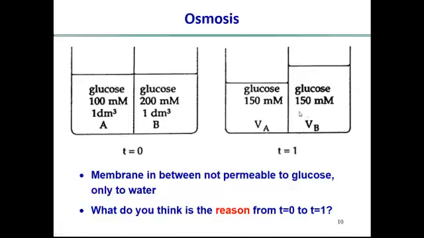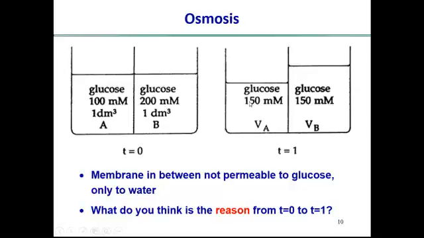So where does the water have a higher concentration? When the glucose has lower concentration, you have more water relative to where you have higher glucose concentration. In other words, starting at time 0, the left side with glucose at 100 millimolar has a higher water concentration than the right side with glucose at 200 millimolar.